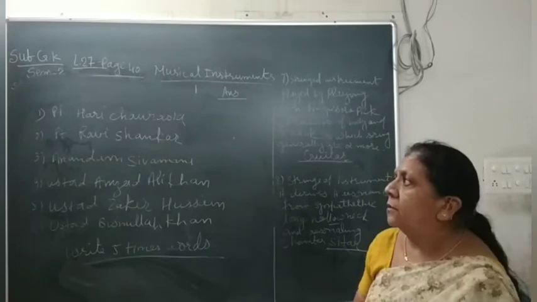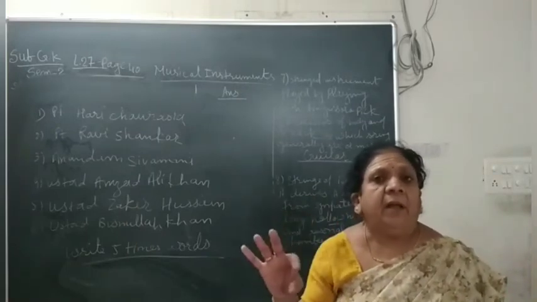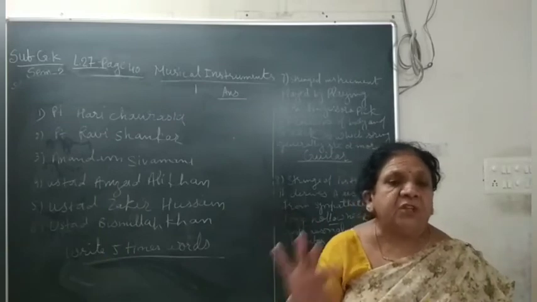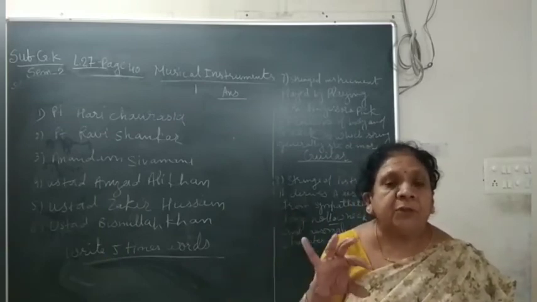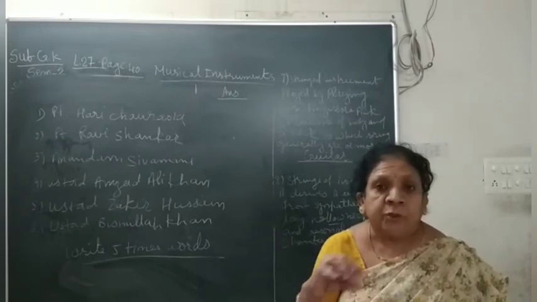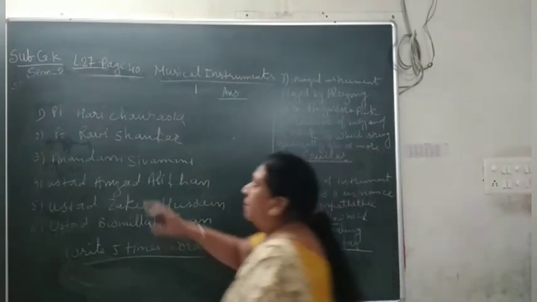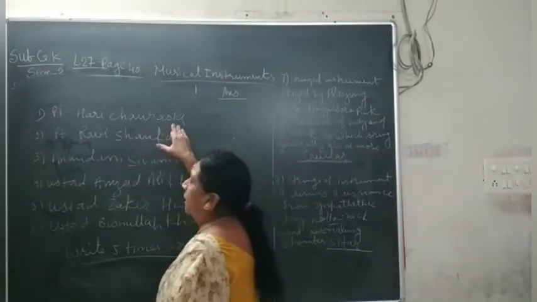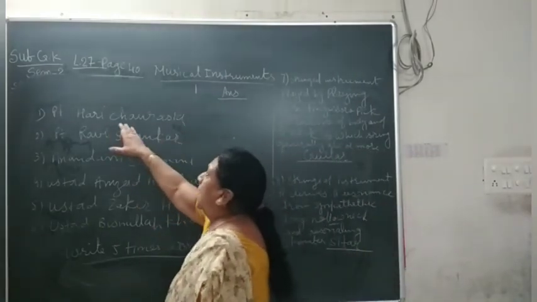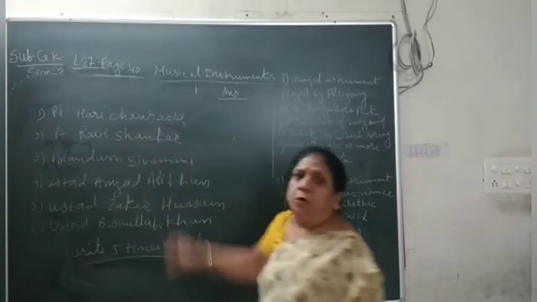Now some names are given. Identify the pictures, where musicians are sitting with musical instruments. First is Pandit Hari Chaurasia, H-A-R-I C-H-A-U-R-A-S-I-A.